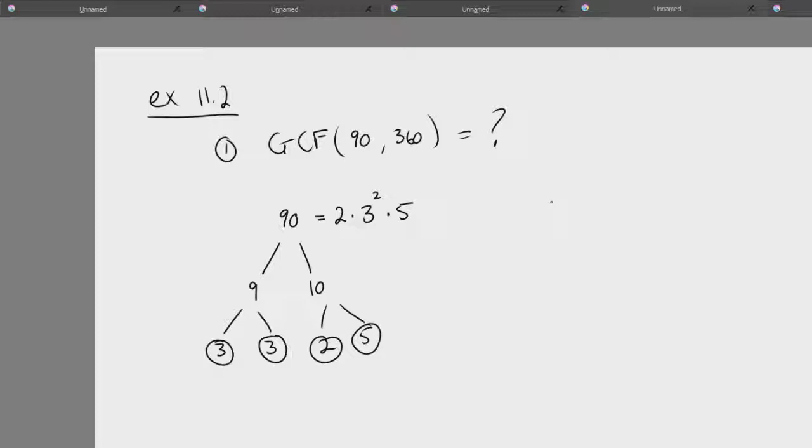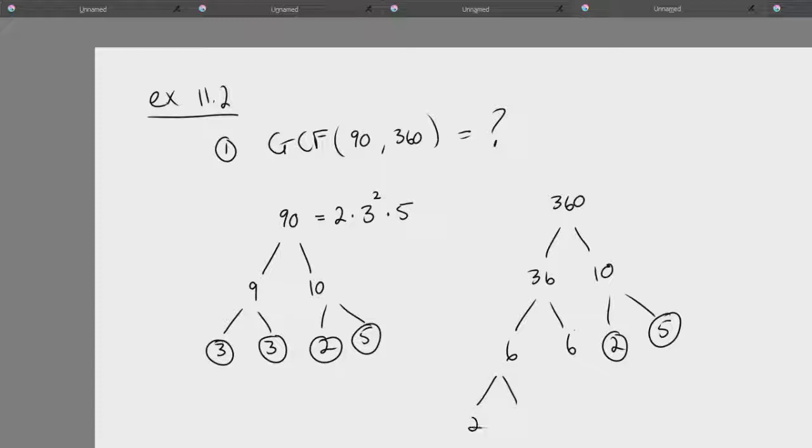And then we'll also do 360. What's an easy split? Maybe a 36 and a 10. Whatever comes to mind first, honestly. 36 is 6 and 6. 10 is 2 and 5. The 2's done, the 5's done. 6 is 2 and 3.